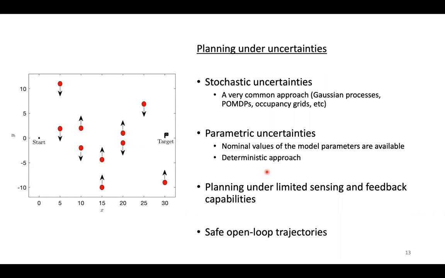Instead of having Gaussian noise or any sort of stochastic uncertainty in the estimation or in the process, I'm assuming that the model parameters, which essentially define the dynamics of the state, have some nominal values, but those values can change by a certain amount around that nominal value.